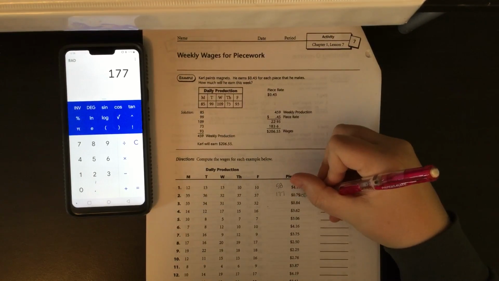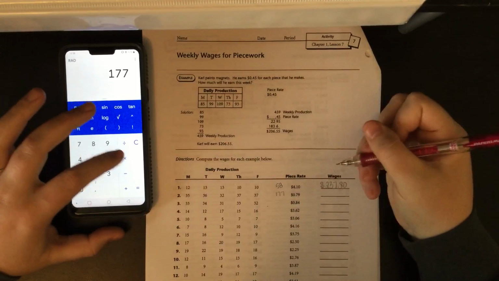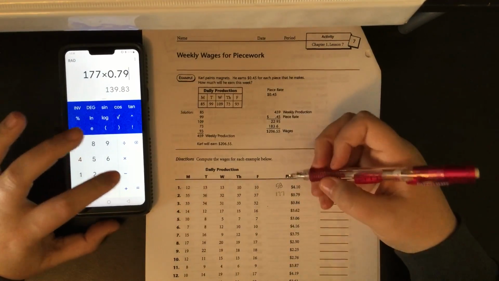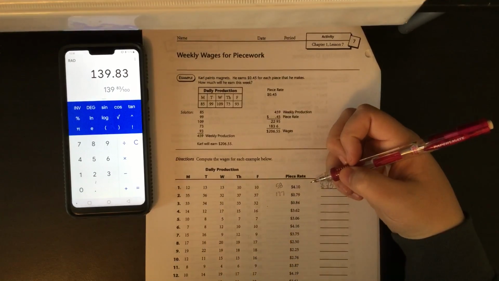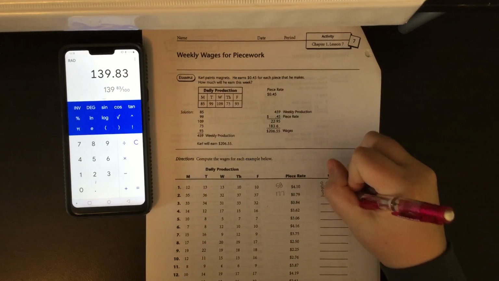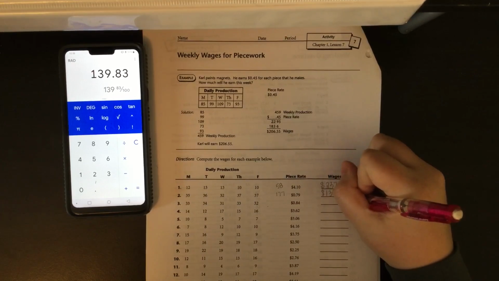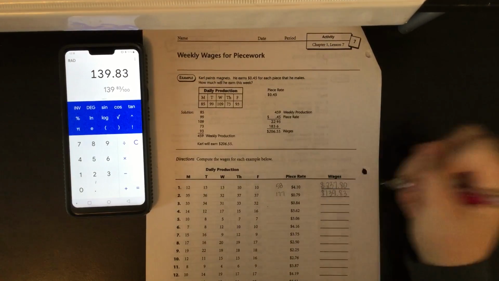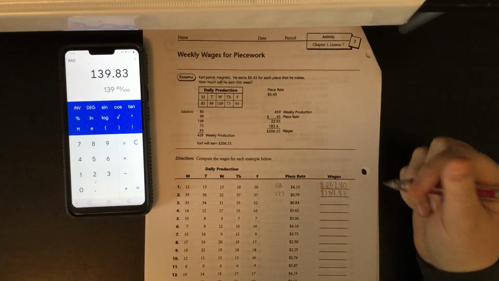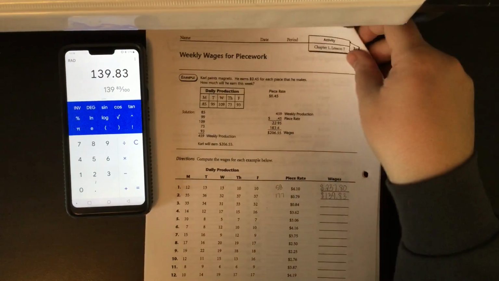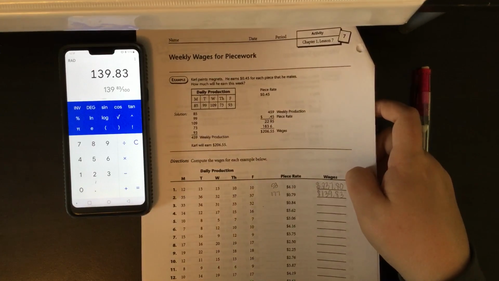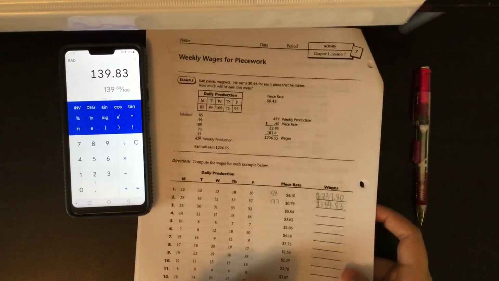This time we're getting paid 79 cents per piece, so let's multiply that. And we get $139.83. Okay. So go ahead and add up all your pieces, multiply it by your piece rate, and you are good to go on that one.